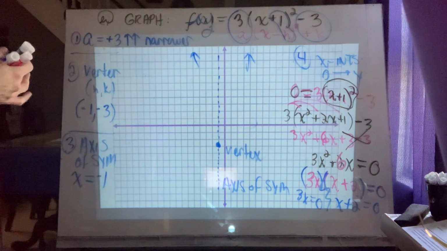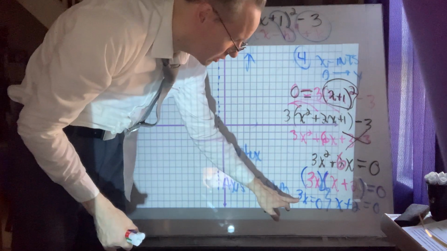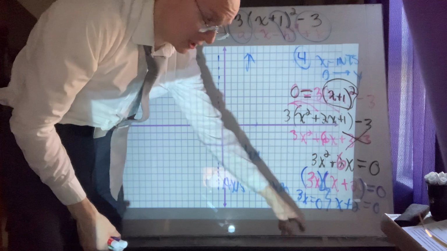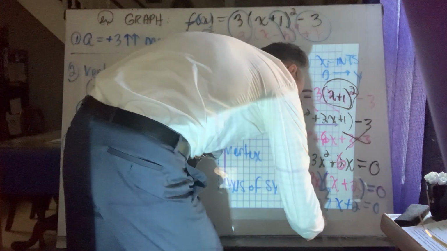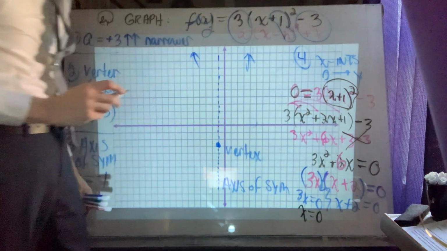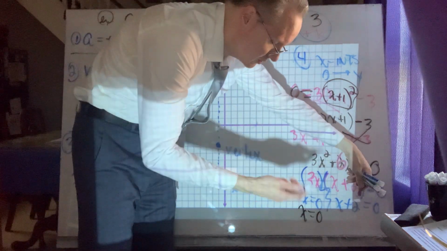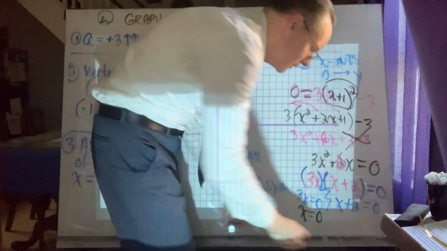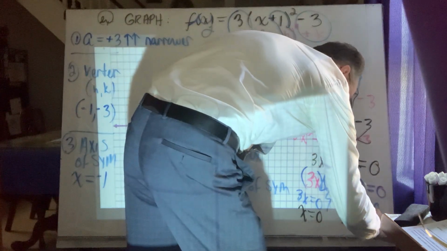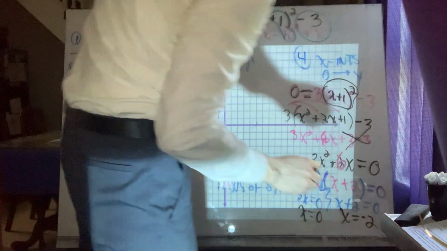If you move the 3 as a coefficient of x over to the opposite side, it would be 0 divided by 3, so x would be equal to 0 in that instance. I'm only skipping steps for the lack of space. You would subtract 2 to the other side, and then x would be equal to negative 2. And we're good to go.